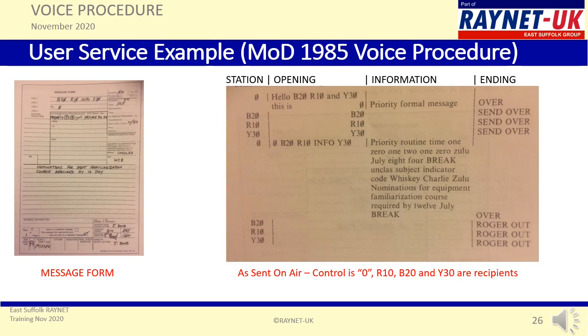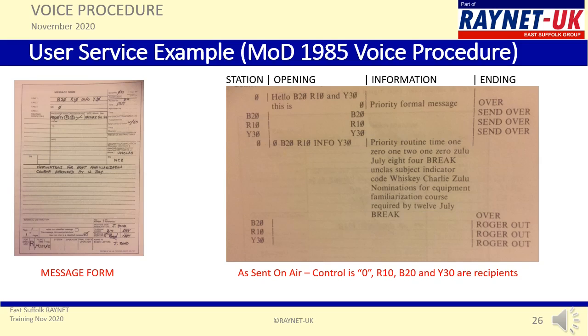Hello, Bravo 20, Romeo 10 and Yankee 30, this is 0. Priority formal message. Over. Bravo 20, send over. Romeo 10, send over. Yankee 30, send over. 0, Bravo 20, Romeo 10, info Yankee 30.